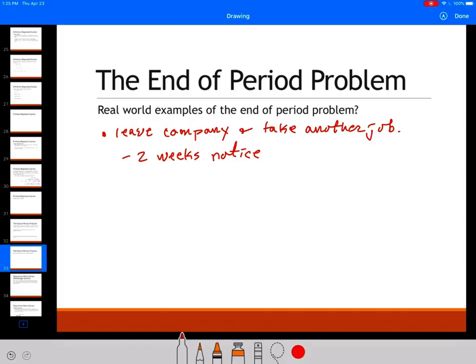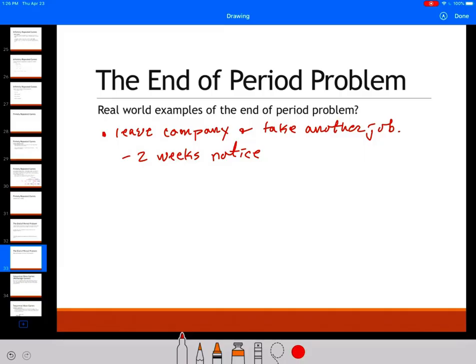No work I do is going to really benefit me. And the company knows this. So it's very often the case that when you give your 2 weeks notice, the company just says, okay, look, just stay home, go look for another job, we know you're not motivated.